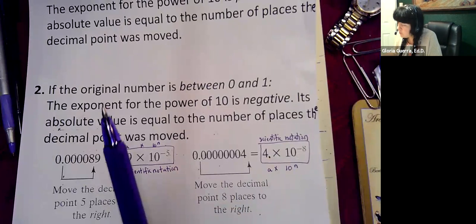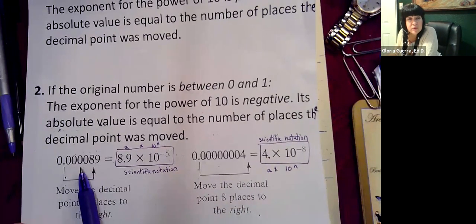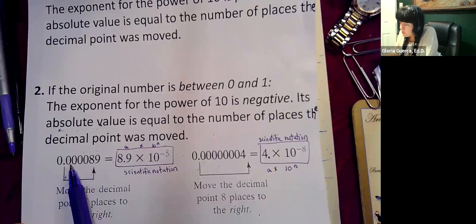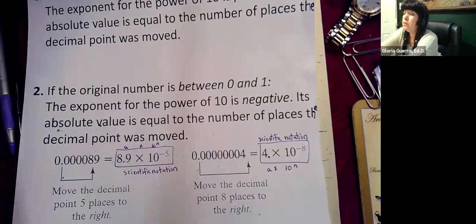Now this is what your problem began with here, this decimal value. So if I look at my place value, it has 1, 2, 3, 4, 5, 6 place values. So let me see if I can find my place value chart.